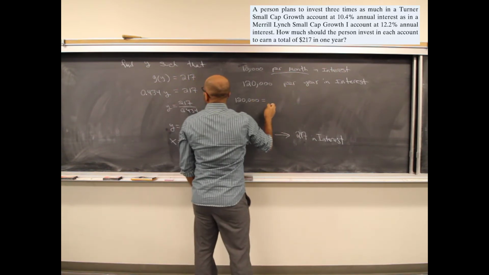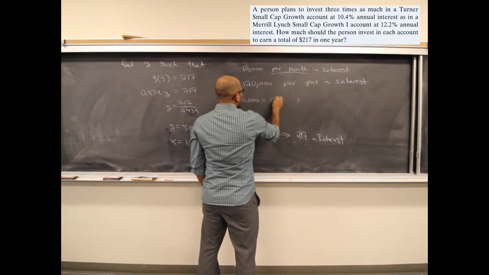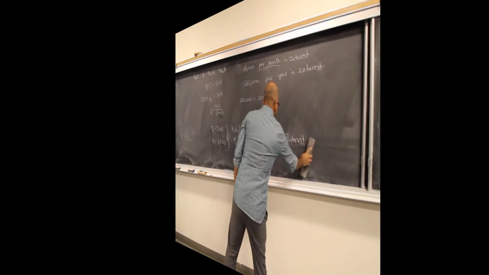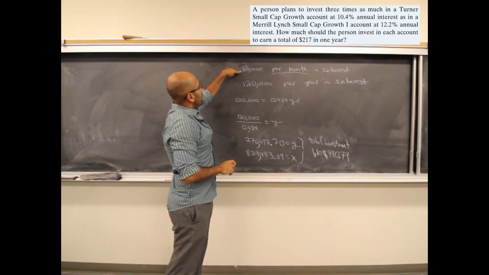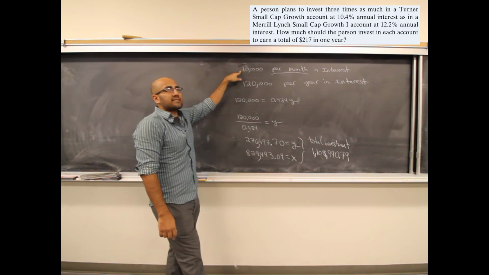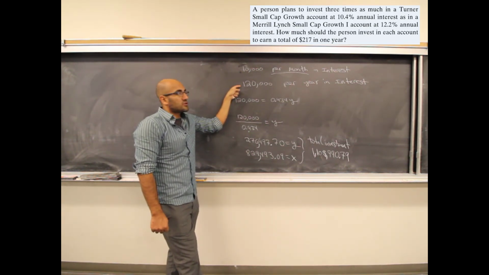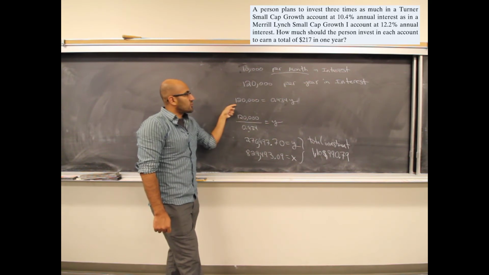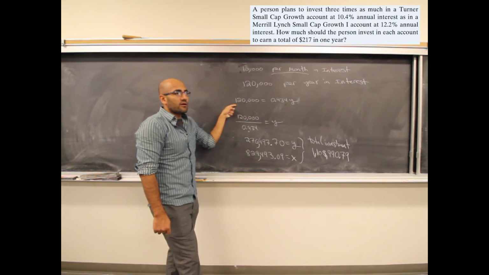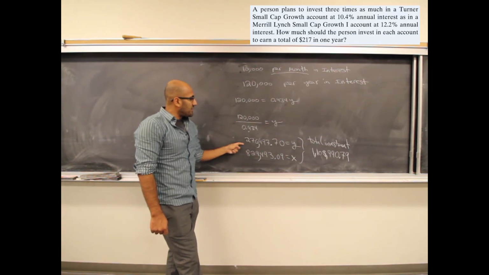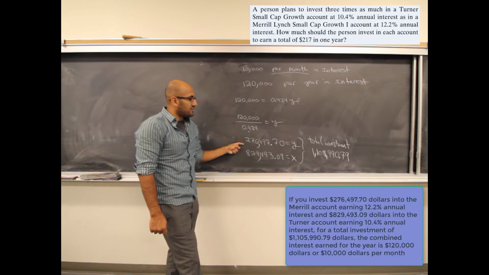$120,000 is equal to 0.434y. If we wanted to get $10,000 per month in return, we need $120,000 per year. So we set it equal to g of y. We solve for y. We see that for y we need $276,497.70.